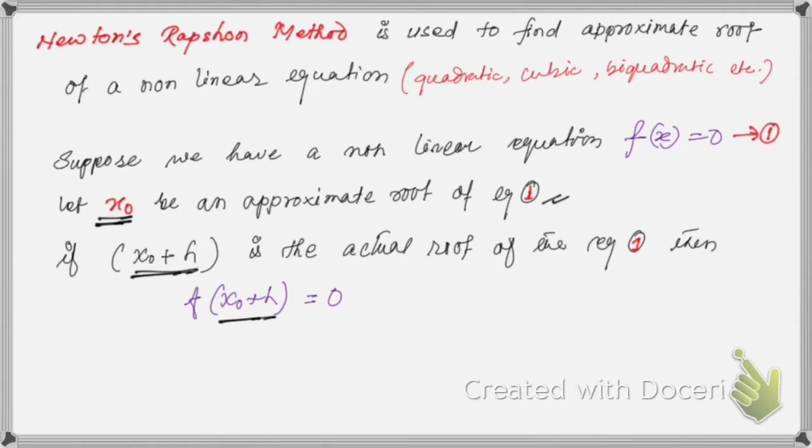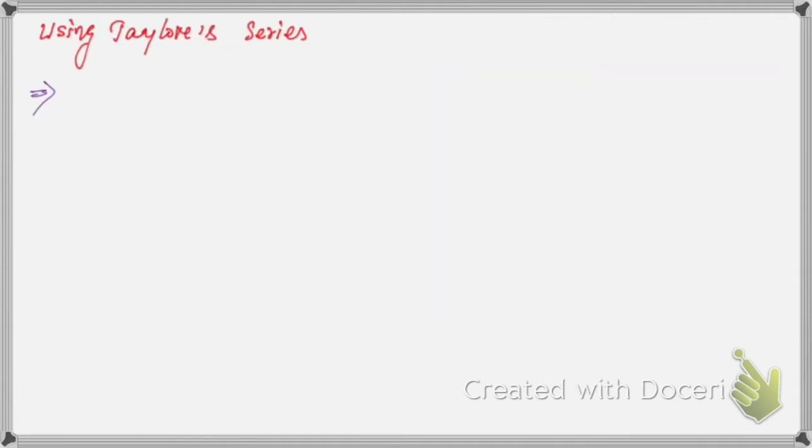Now on the left hand side of this equation, if we use the Taylor series, then what will we get? Using Taylor series, we get f of x naught plus h into f dash x naught plus h square by factorial 2 f double dash x naught plus dot dot dot and so on is equal to 0.